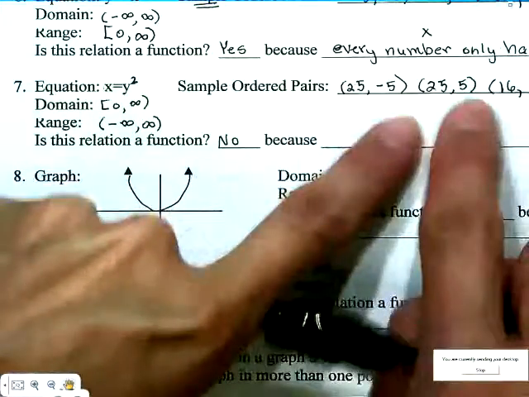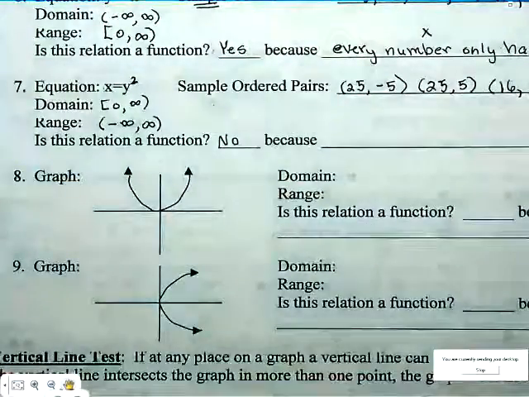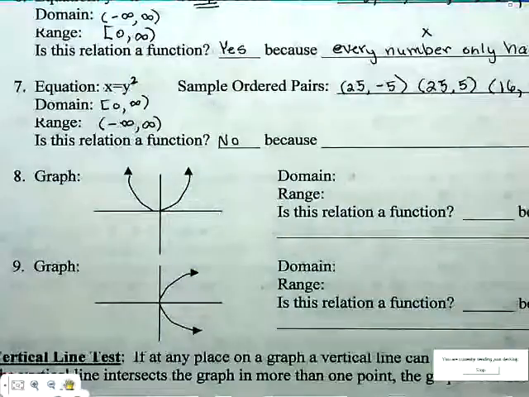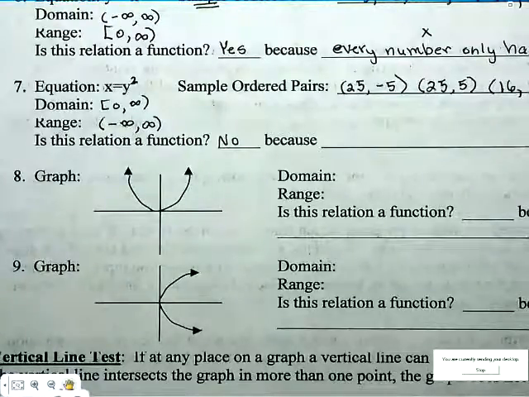As a matter of fact, it would be true for all positive numbers that every positive x would have 2 y's, because every positive number has 2 square roots, a positive square root and a negative square root. If I just say what's the square root of 100, 10 is the first thing that pops in your head, but negative 10 is a right answer also, because negative 10 squared gives you 100.